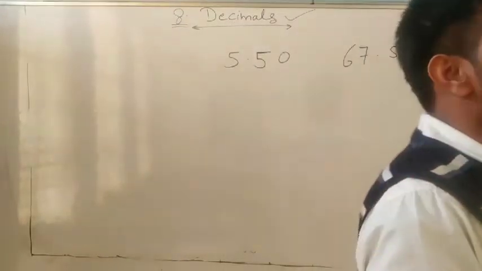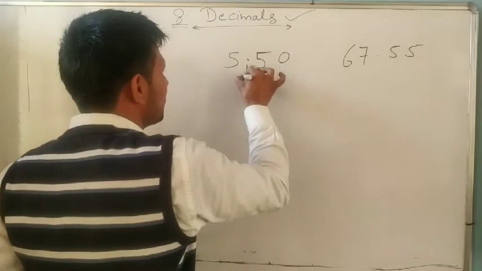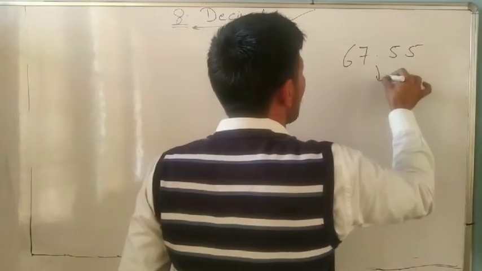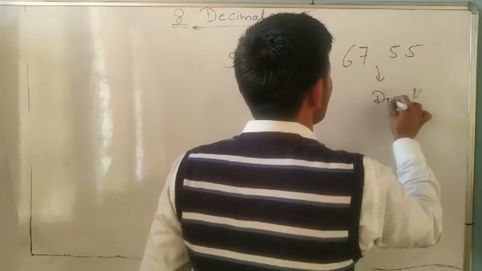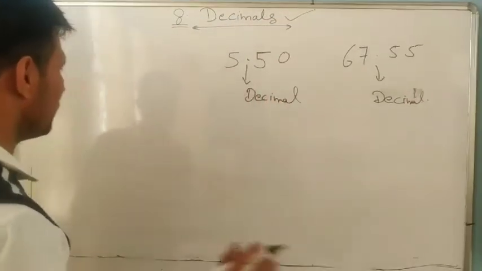So now what is their place value? This point is called the decimal. You can say it's a point, but generally it is called a decimal.